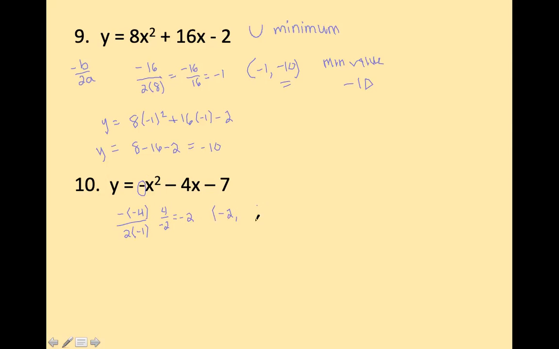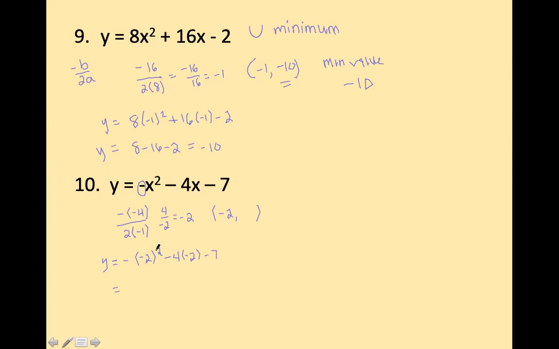So I take negative 2, plug it back into the equation in place of x. So y is equal to negative 2 squared minus 4 times negative 2 minus 7. All right, we're going to simplify.